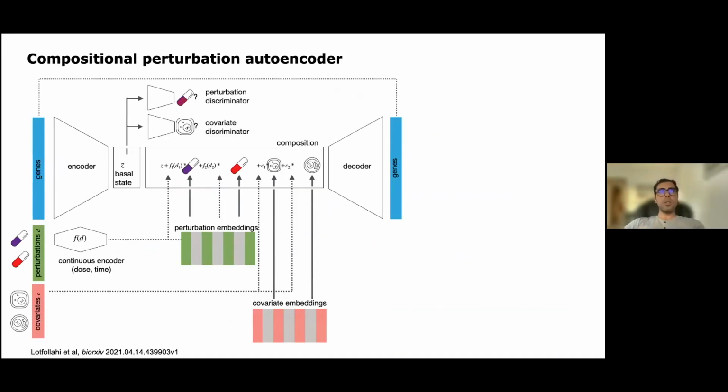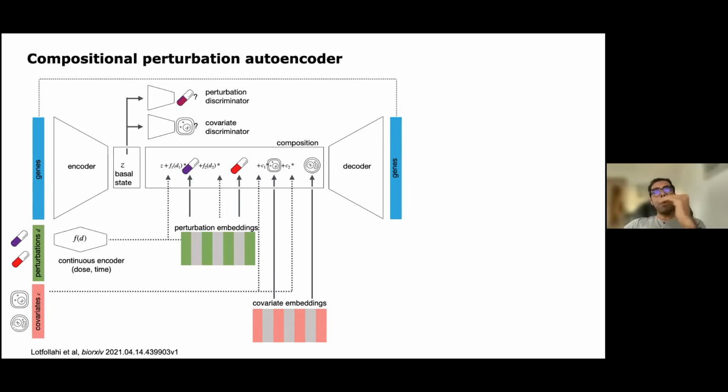So this is the architecture. As I said, we wanted to have an interpretable model. To do that, we have to have a learnable aspect for each metadata and each covariate. In the architecture, you can see that we encode the gene expression, and we get to this basal state, where we remove the variation that comes from perturbation or covariates using adversarial training. So this goes into 2 discriminators.